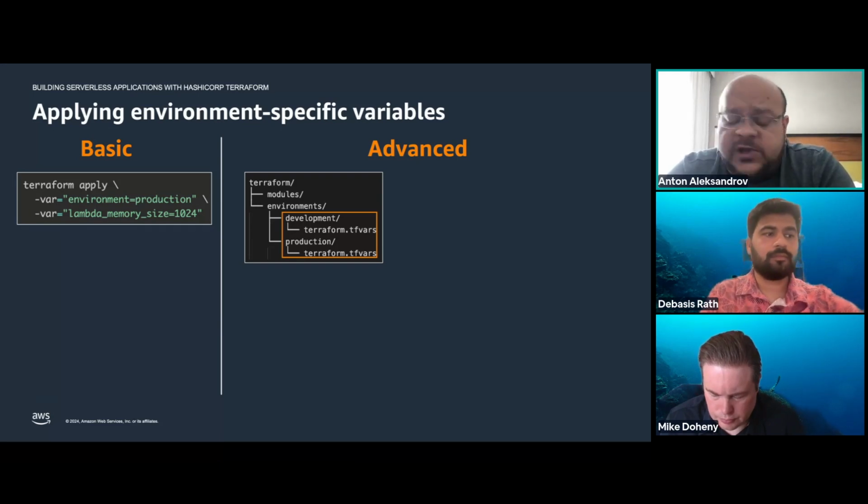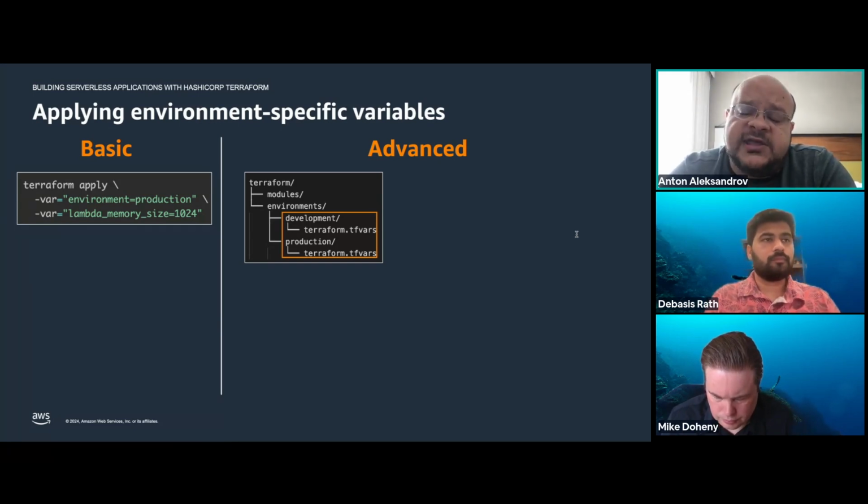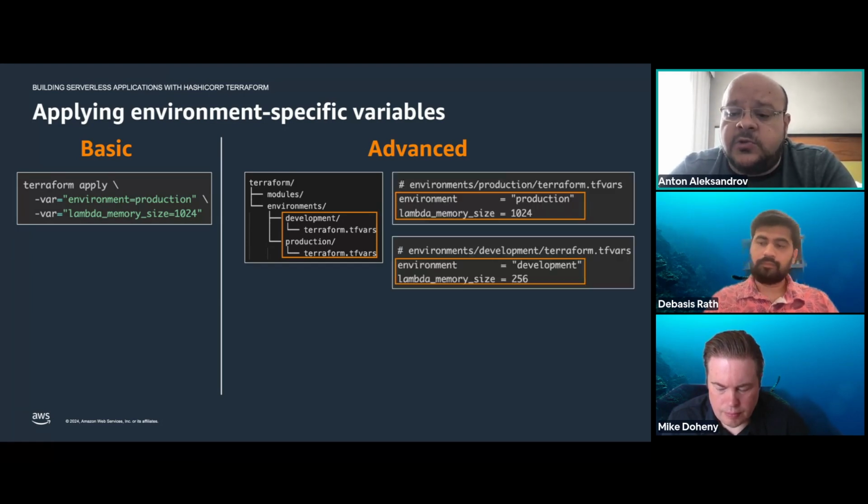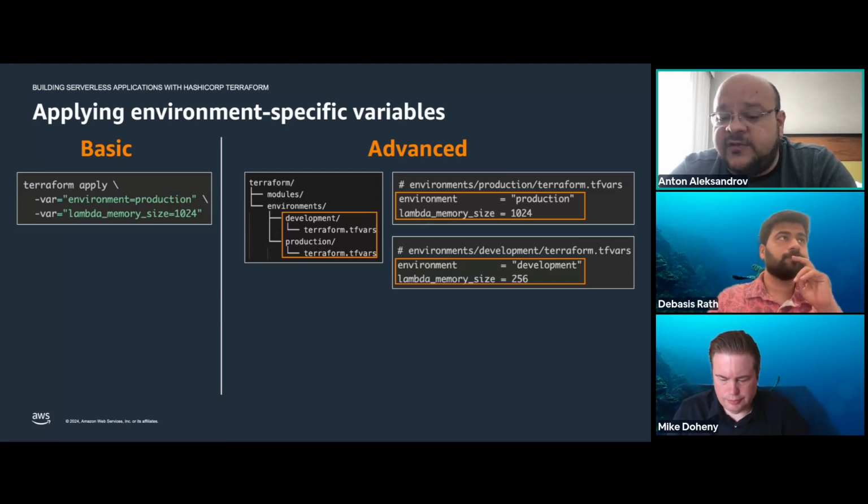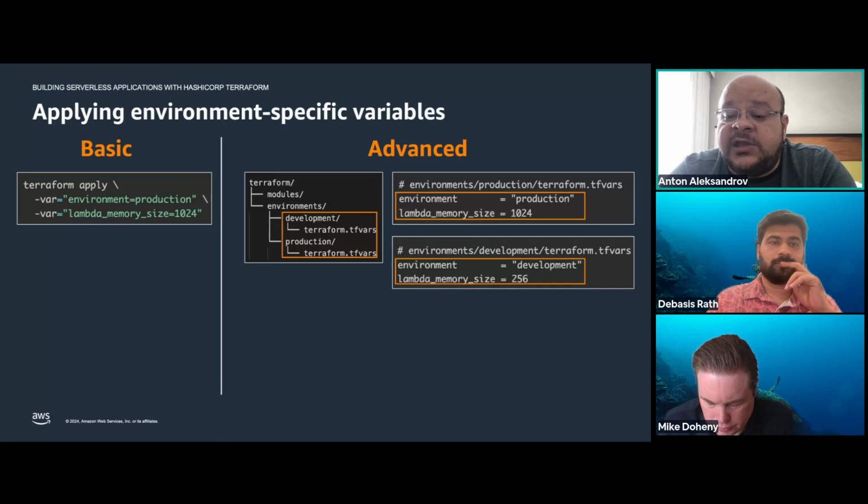So the recommended way, and this is what you will see in a few guides that we will share towards the end of the session in a few minutes, is to create a variable file per environment. Your production environment file will contain values relevant for production, like environment production and memory size 1024, and your file for the development environment will have different values: environment equals development, memory size is 256.